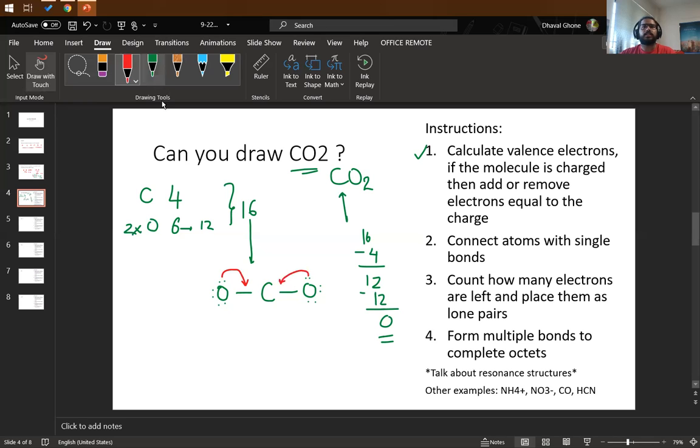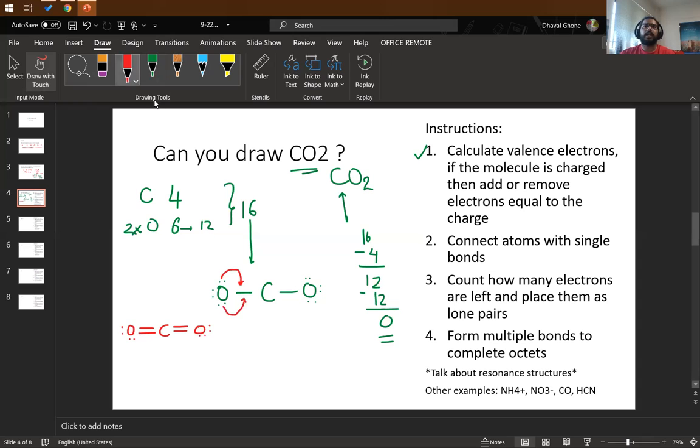So what I get is oxygen with 2 lone pairs left behind, a double bond, carbon, double bond, oxygen with 2 lone pairs. Another way of doing this is I can make this oxygen share this lone pair and one more lone pair.